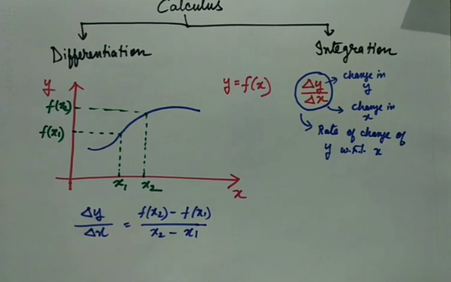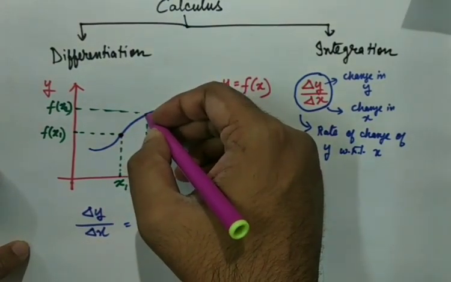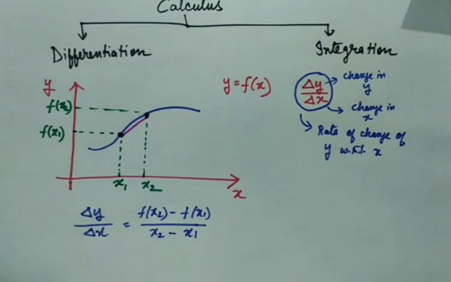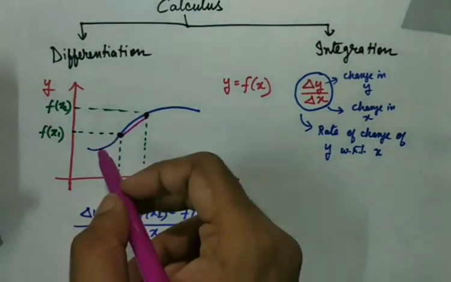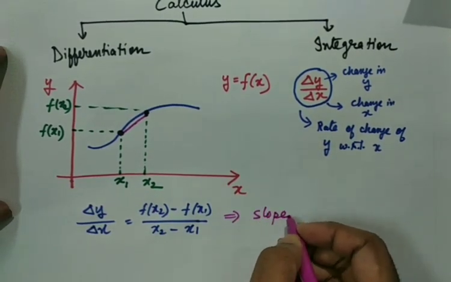Now these are the 2 points. If we join them with the help of a straight line, can we say that this is the slope of the straight line?